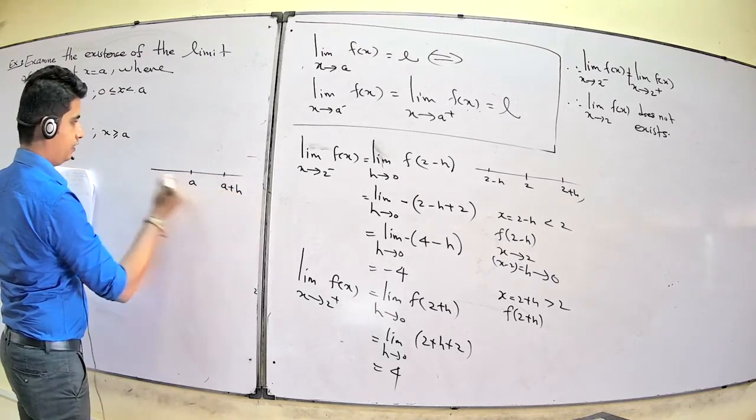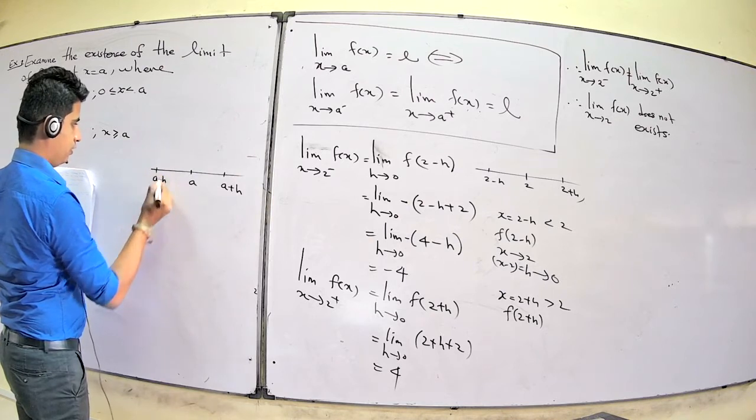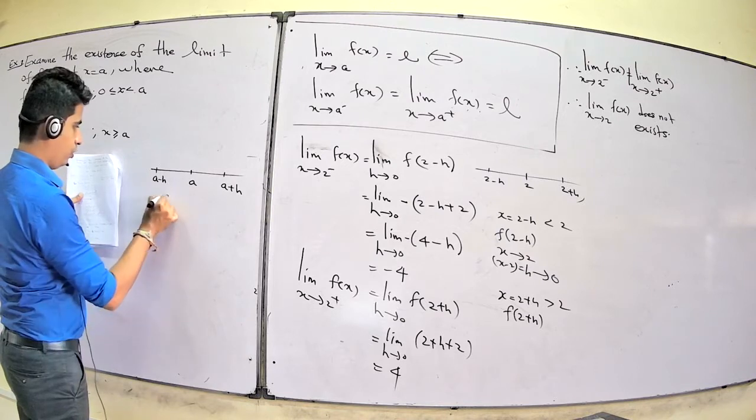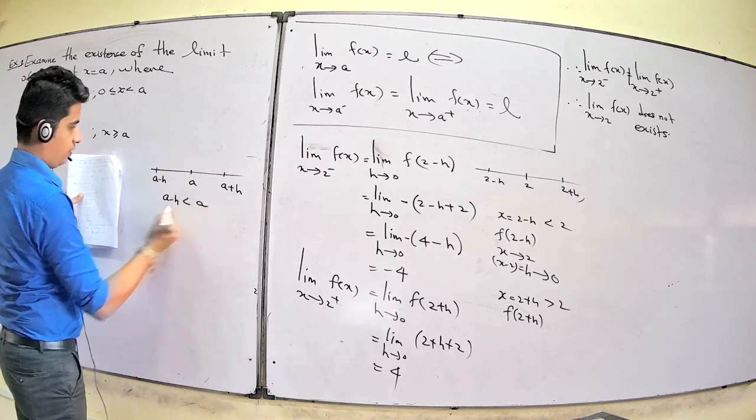Take a plus h and a minus h. Therefore a minus h is less than a.